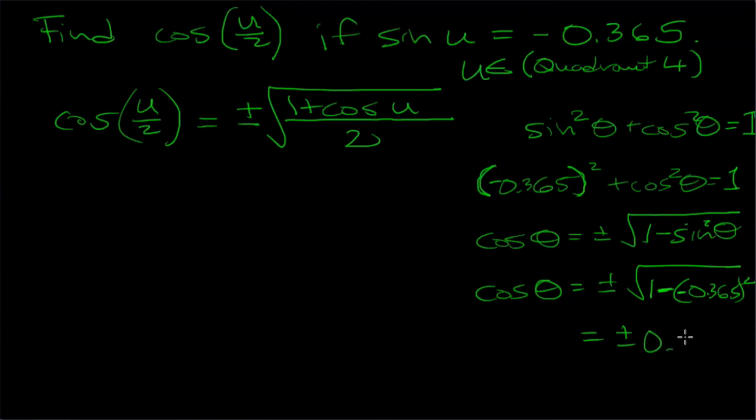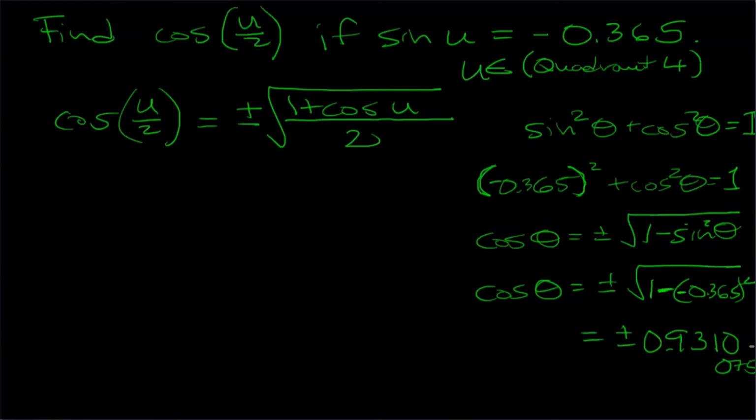So 0.9310. Does that look right? And if I keep going, it's 0.75 after that. So I'm going to use as much accuracy as I can in my calculations so I don't lose accuracy later on.